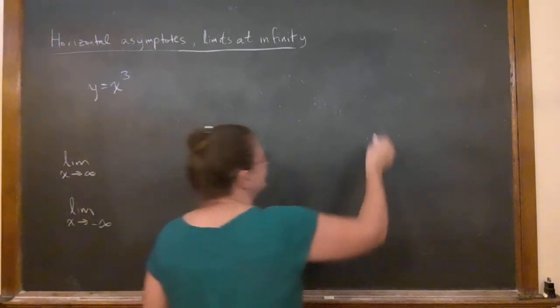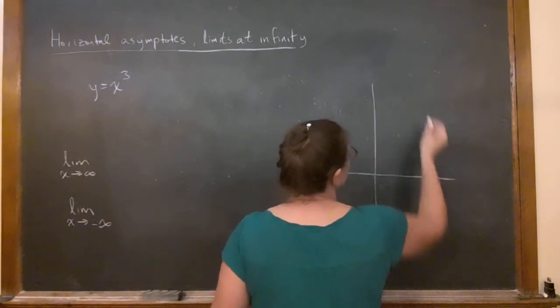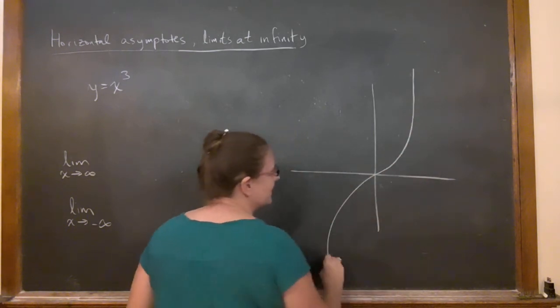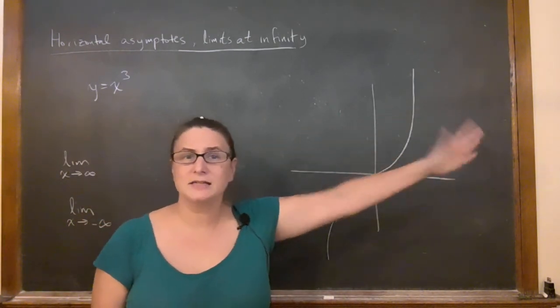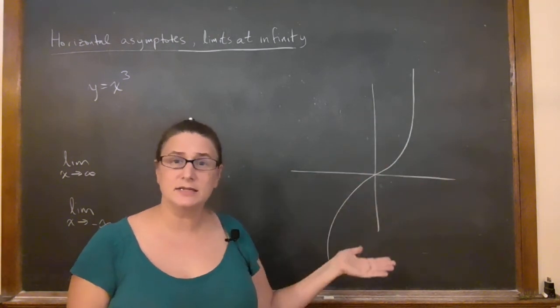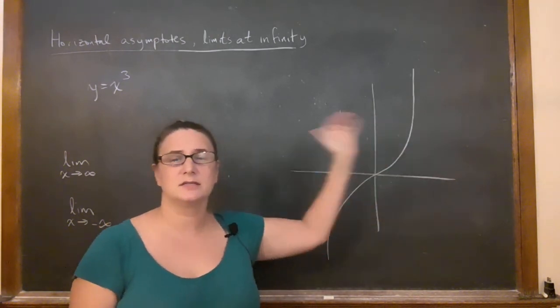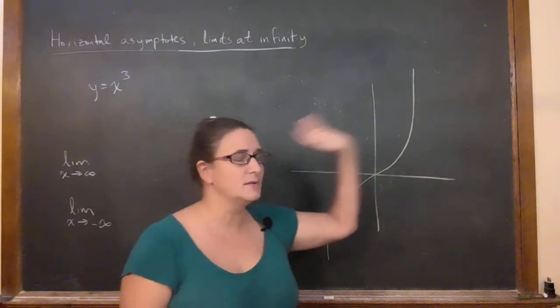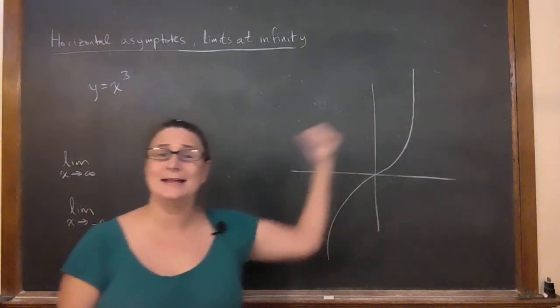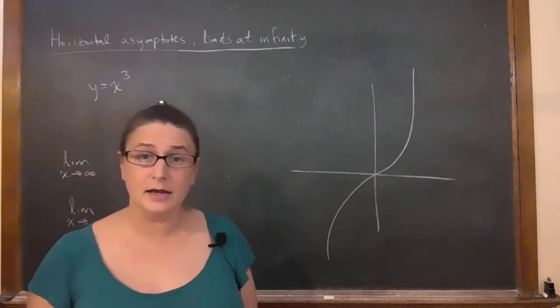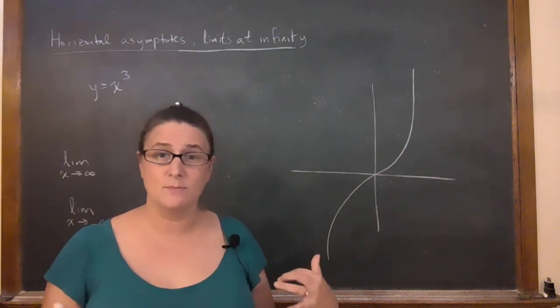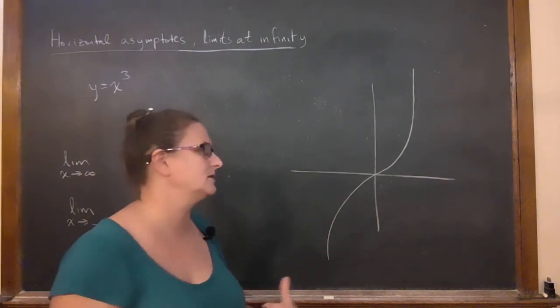Since I always use x squared, today I'm mixing it up and using x cubed. So obviously there's no horizontal asymptote. The limit at infinity doesn't exist, and the limit at negative infinity doesn't exist. But in this case we can be more specific about the way it doesn't exist.